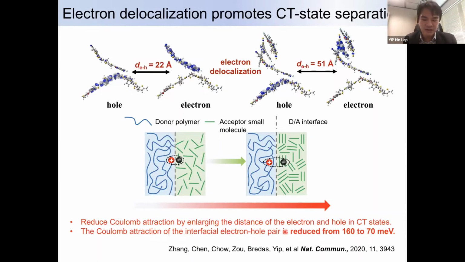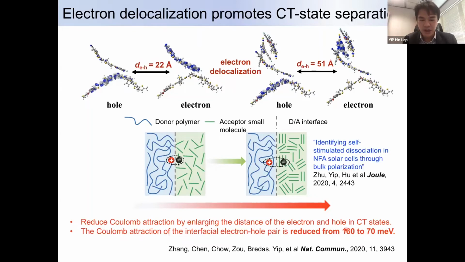So we find that from this monomer to this trimer, the Coulombic attraction at this donor acceptor interface is reduced from 160 to 70 meV. And in the real case, we expect the hole and electron will further delocalize, and then the exciton binding energy should be smaller, maybe close to the room temperature thermal energy, which is 25 meV.